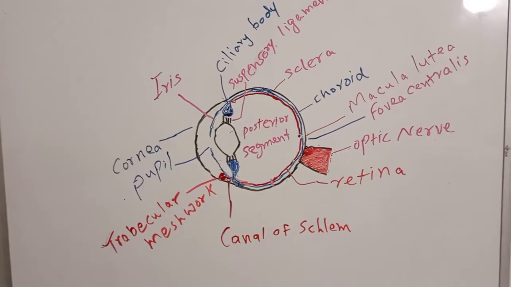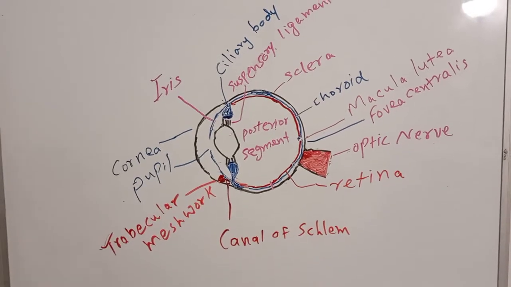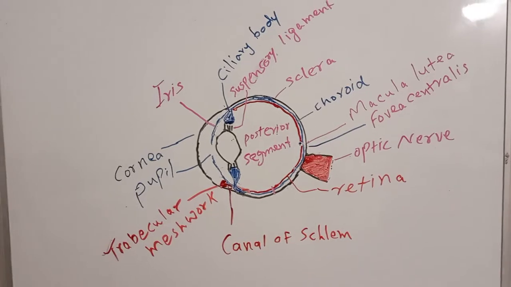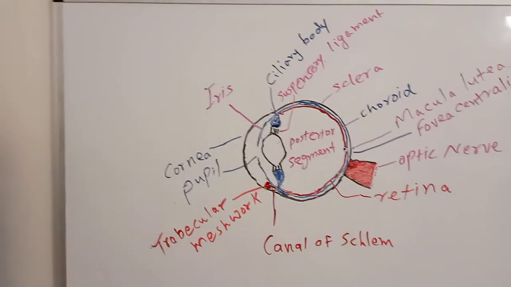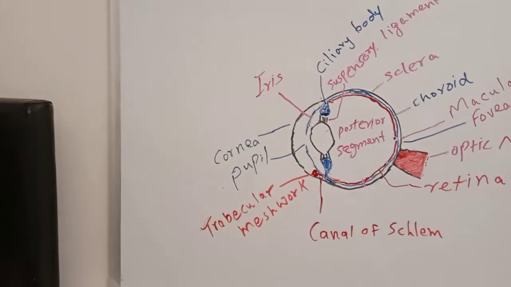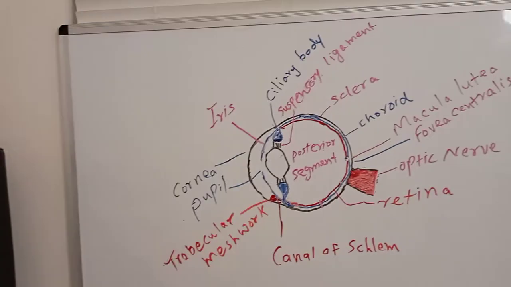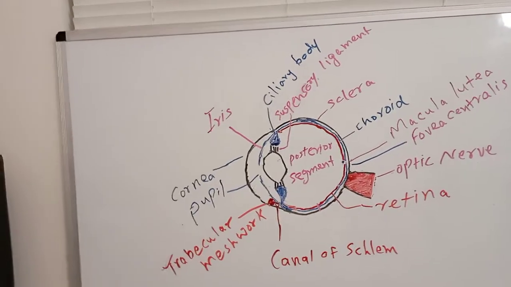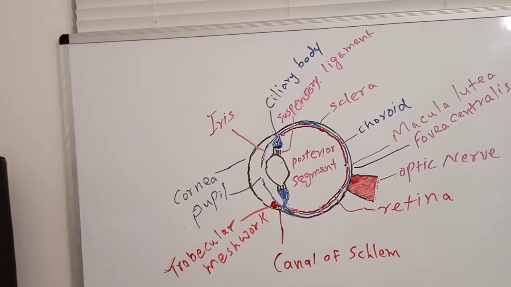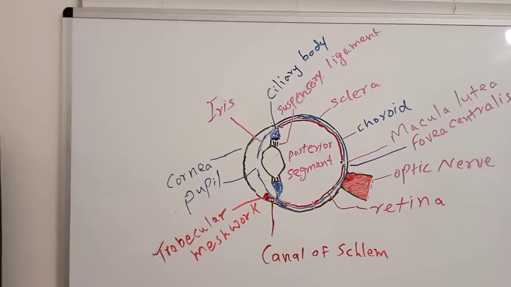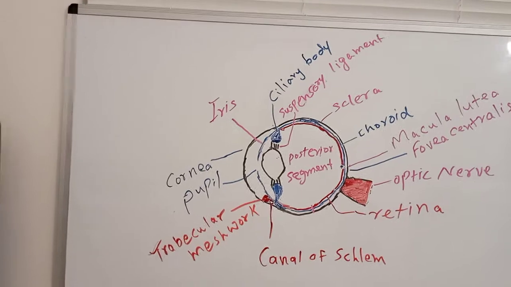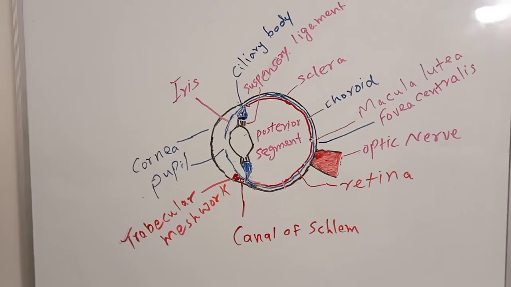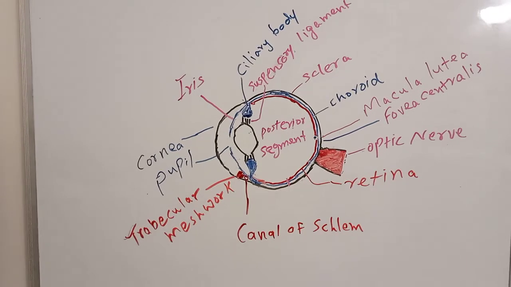The uveal tract, also known as the uvea, is the vascular layer of the eye. It consists of choroid, iris, and ciliary body. The iris is the colored layer that surrounds the pupil. The pupil is a black hole in the center of the iris that allows the light to enter inside the eye.